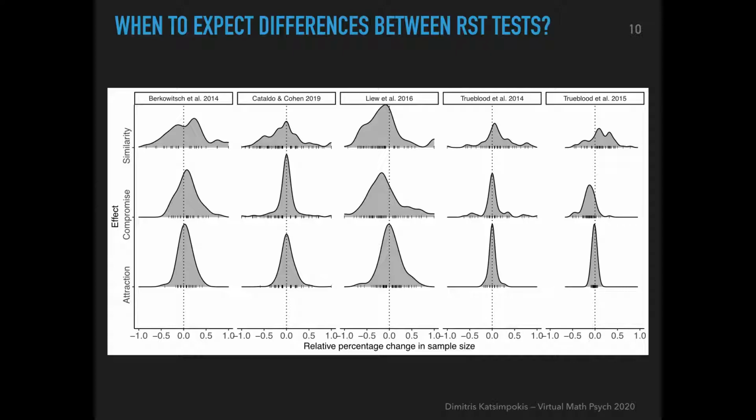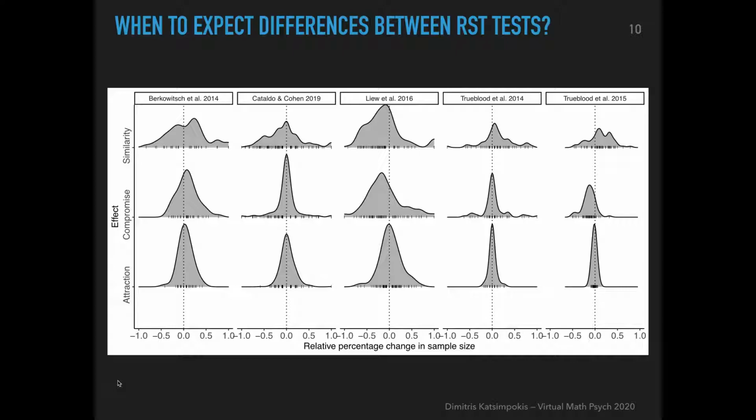This is important to look at because the 2 models make different inferences only when the number of observations is different. Now, as you can see from these empirical densities of relative percentage change in the sample size, the difference is never exactly 0.